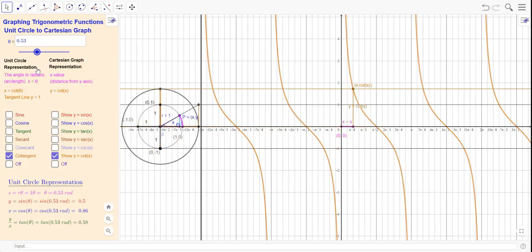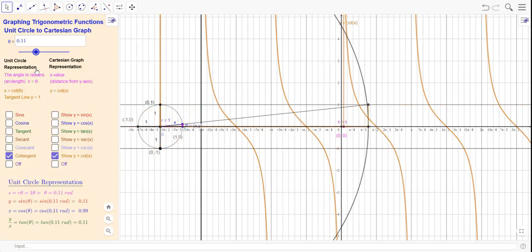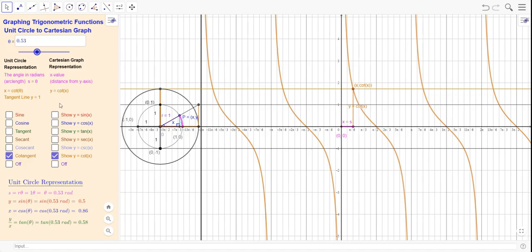Like tangent, we get a bonus here, a bonus repeat. We know that if we go 2 pi over, say from here over to here, we're going to get the same y value, because we're at the same terminal side.